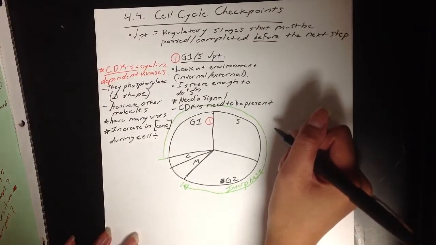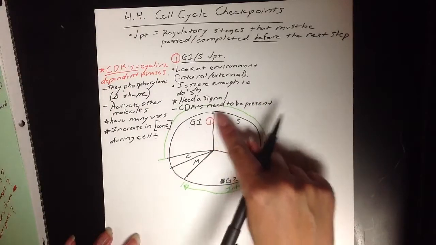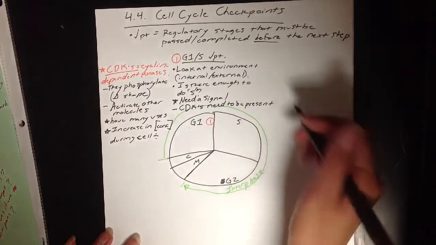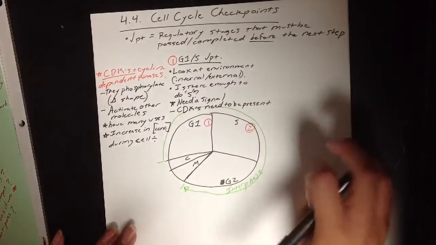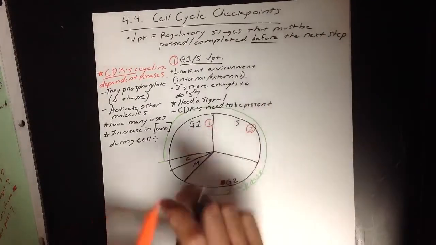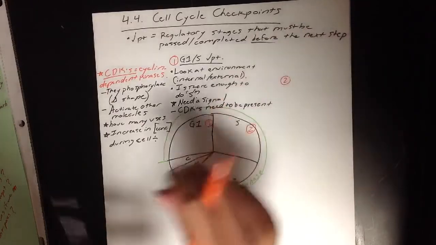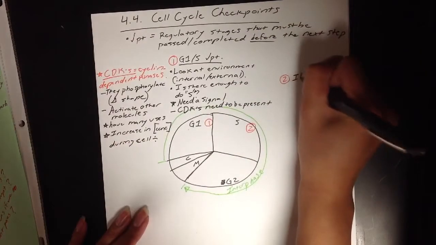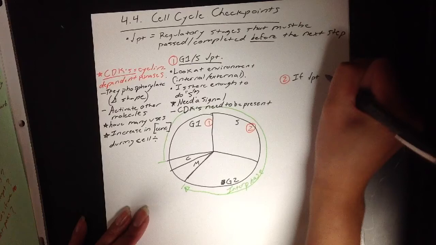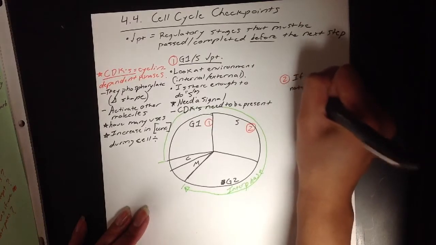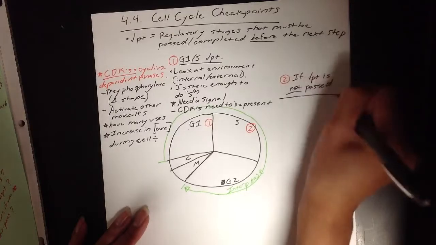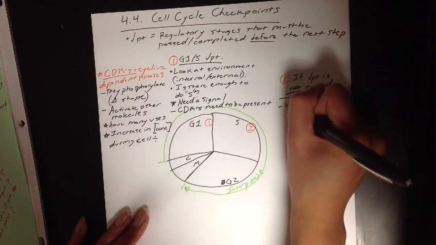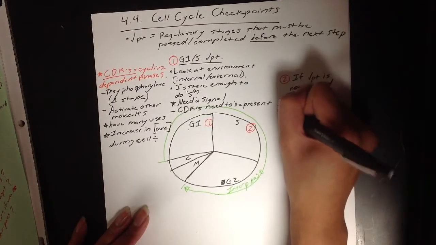Okay? So next, what we're going to have is this G0 phase, G0. And so, if for some reason we don't pass a checkpoint, so I'll write number 2 over here. Number 2. If checkpoint is not passed, then a cell can do a couple of things.